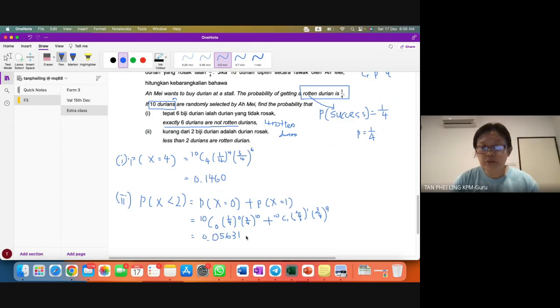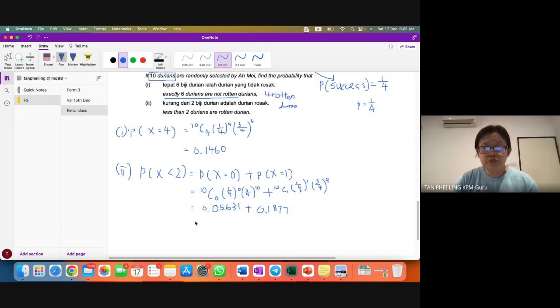Plus this one, the probability of getting 1 rotten durian is 10C1 and so on, which is 0.1877. We have done this part. Everybody okay? Add up the 2, we are getting 0.2440. No problem with this?